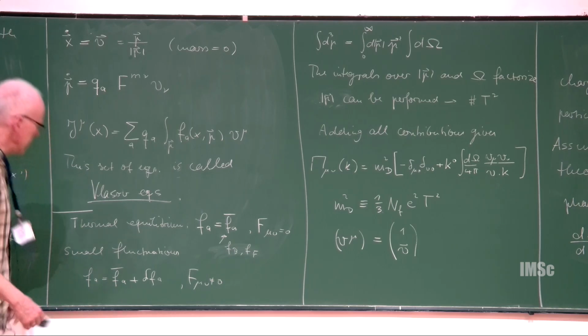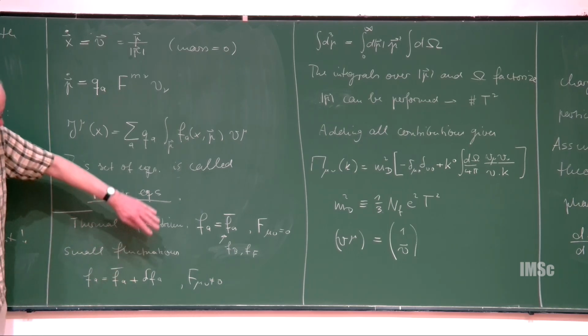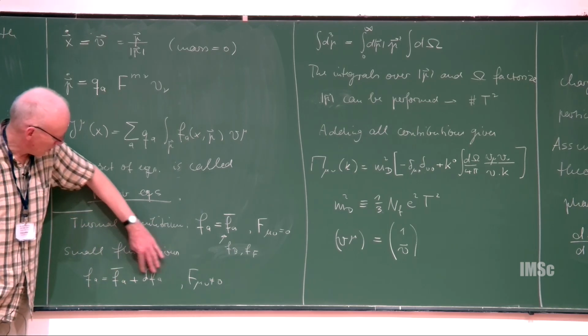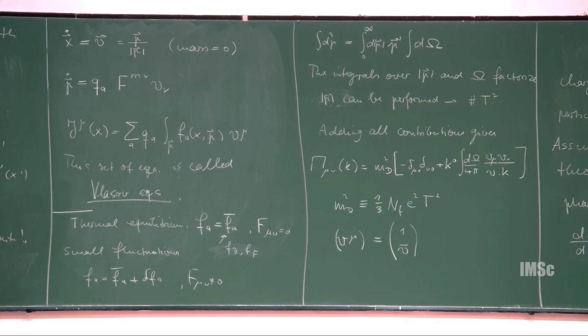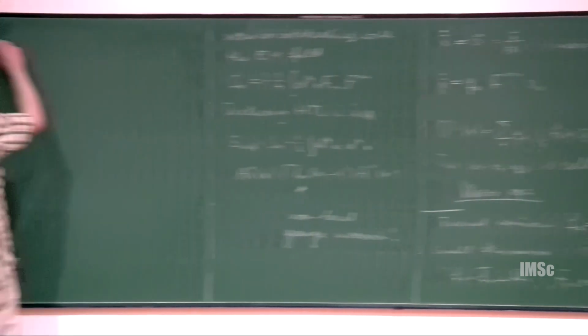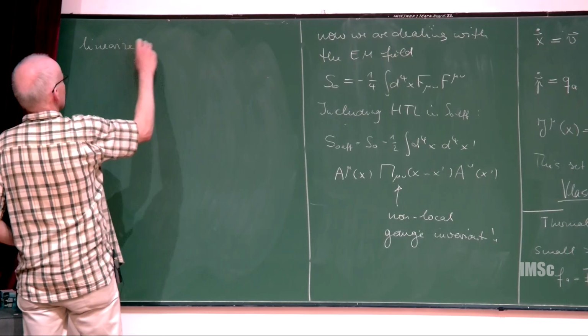But I will linearize, dropping everything which has more than two powers of these, or mixed δf times field strength. Okay, so linearize our Vlasov equations.